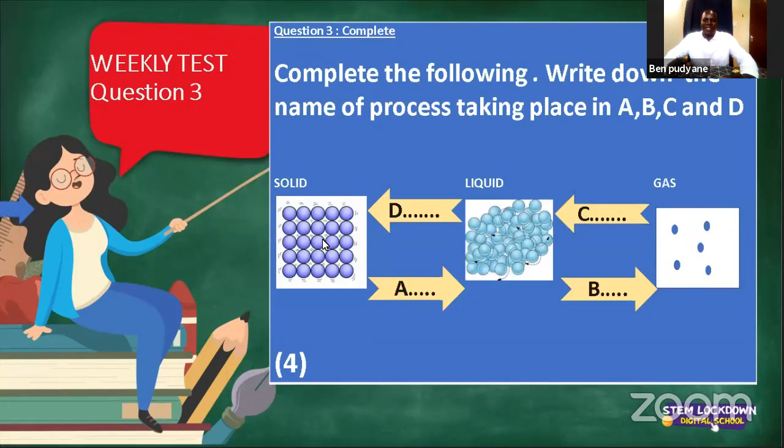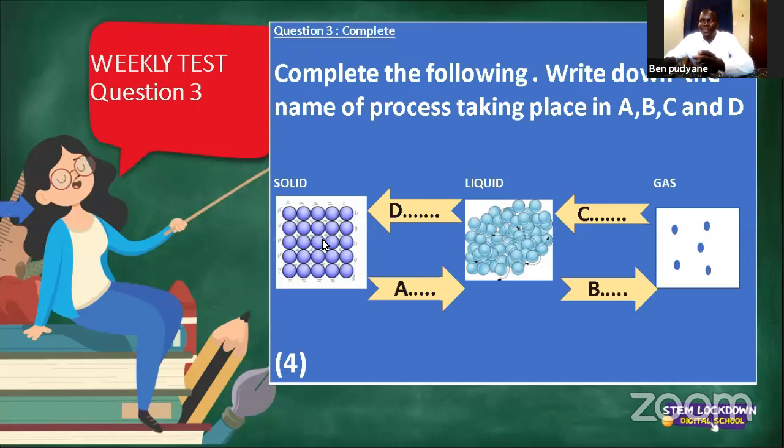Thank you very much. Now, here you must complete this. You will write the answers on these 4 letters, A, B, C, D. You write down the name of the process taking place. Number A, on the left you see a solid.